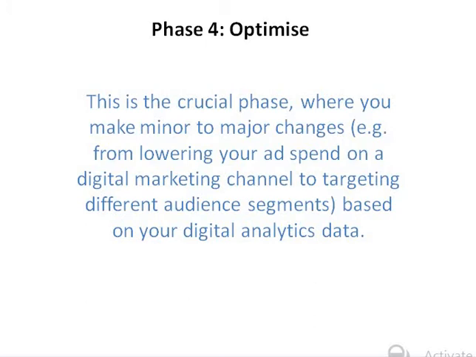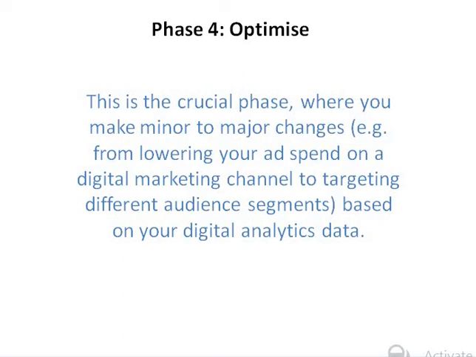Or sometimes we have to change our audience segment based on our digital analytics data. That is all based on analytics data, right? Those decisions we have to take, and we have to optimize our campaigns to achieve the goal specified in the first step.